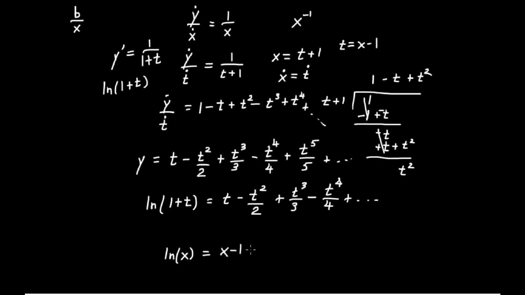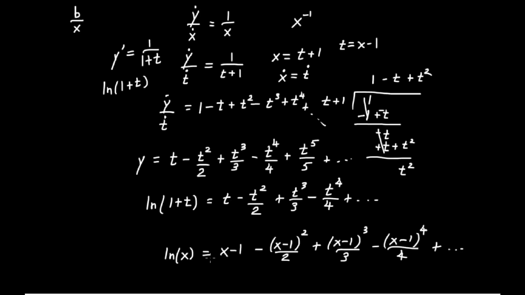It's going to be equal to x minus 1 minus x minus 1 squared over 2 plus x minus 1 to the 3rd over 3 minus x minus 1 to the 4th over 4, and so on. Nowadays, we would call this the Taylor series expansion of the natural log at x equals 1. And if you know calculus, you probably recognize this very quickly.